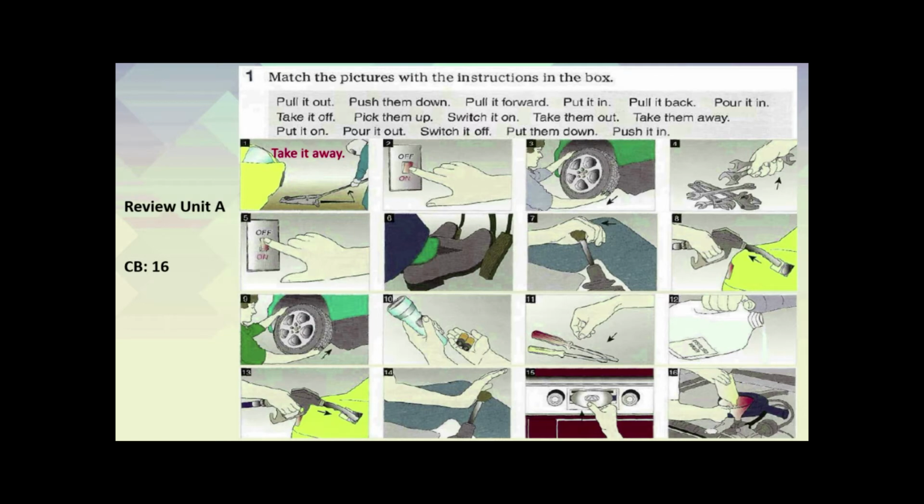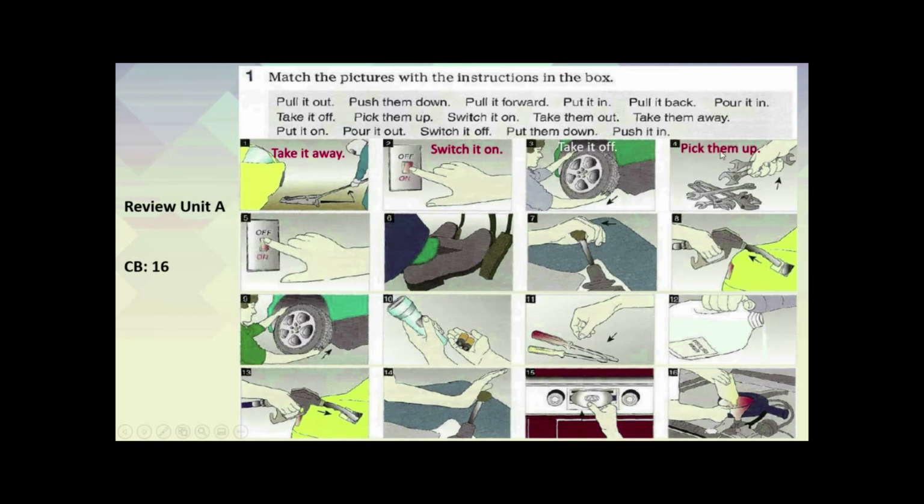Good. Now let's check our answers. Number 2, we have the on here and switch. So it's switch it on. And number 3, take it off, because this arrow is coming off the car. Number 4, pick them up.